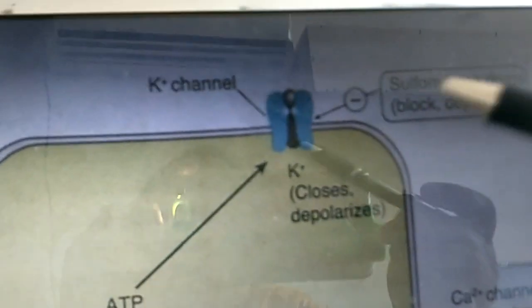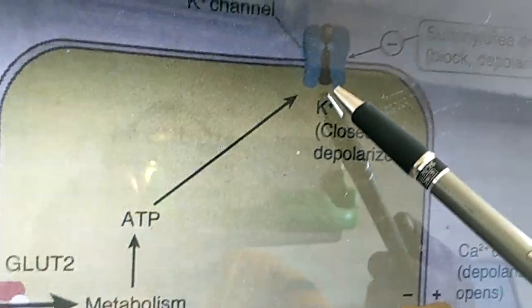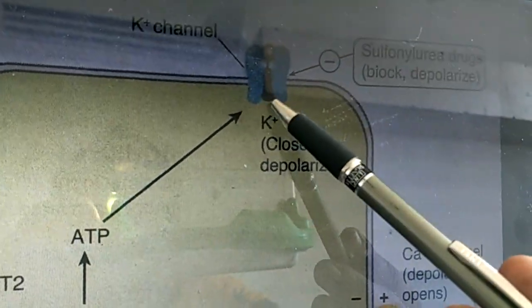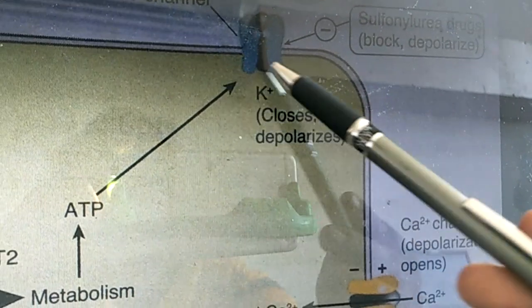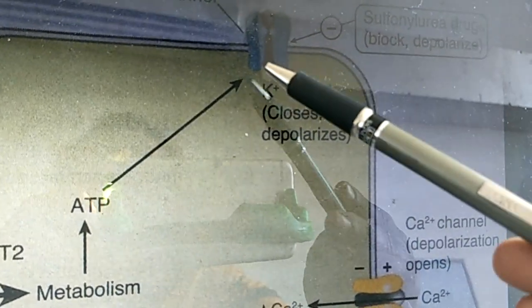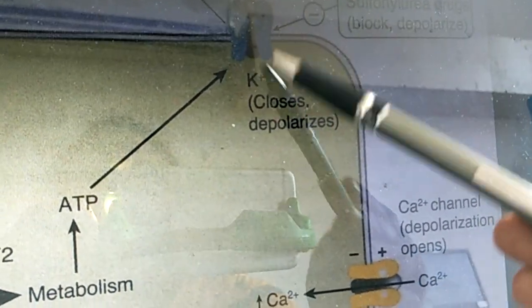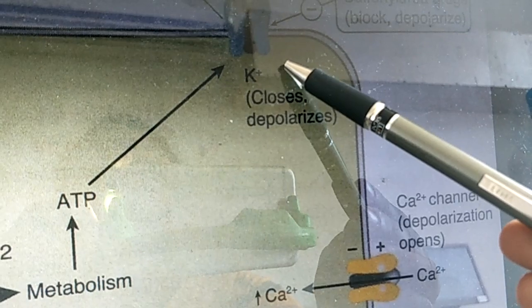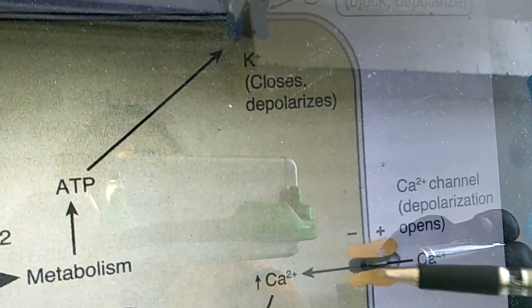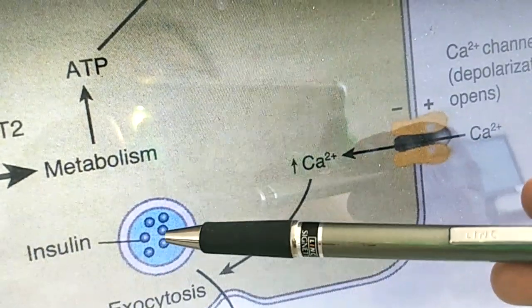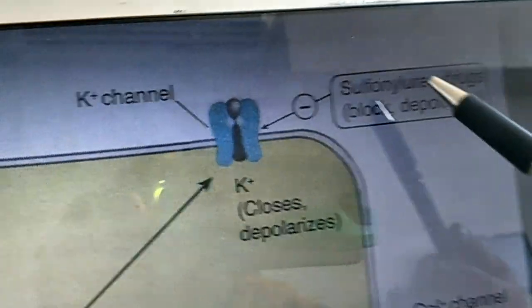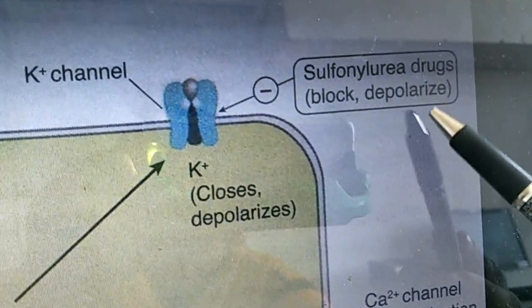Now, any other thing which can close the potassium channel will also bring about these three changes. Anything which blocks these potassium channels or closes these ATP regulated potassium channels will increase intracellular calcium and cause insulin secretion. Such a thing is sulfonylurea.